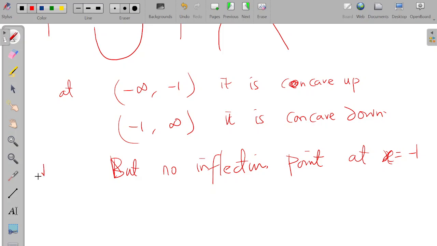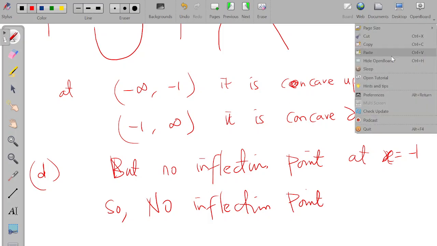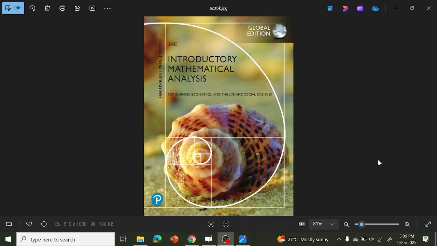So that is the last part: we have no inflection point. Please ensure that you understand what we did.